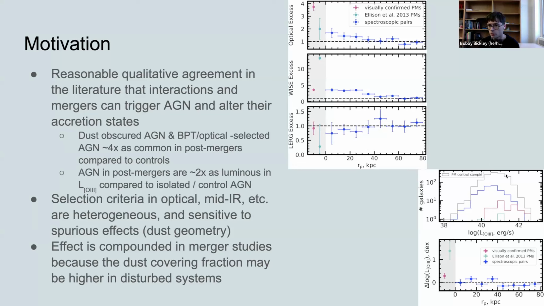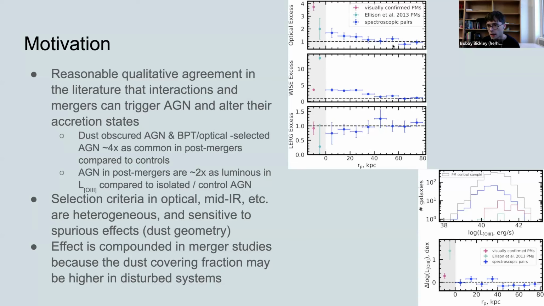So I've selected a couple figures. These are from a paper of my own that came out earlier this year. Here, what I'm showing is the excess, which is the relative incidence rate of AGN in mergers compared to control samples. And I'm looking at 3 different AGN types here.